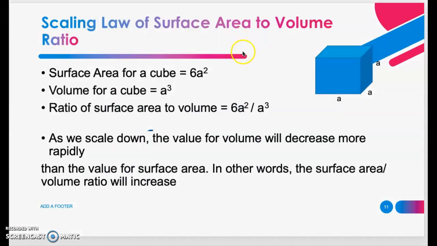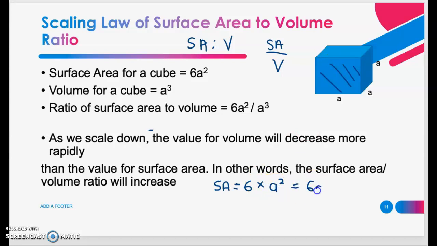Okay, so first let's see the scaling law between the surface area and the volume, the ratio of the surface area to the volume. First let's calculate the surface area for the cube shown here. We have 6 flat surfaces, 6 multiplied by the area of one surface, that is A squared.